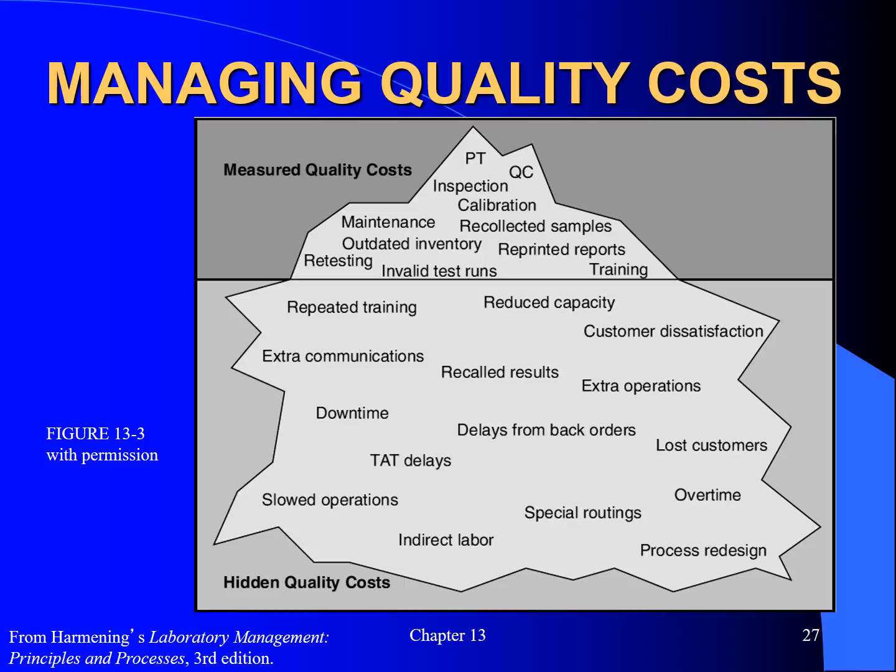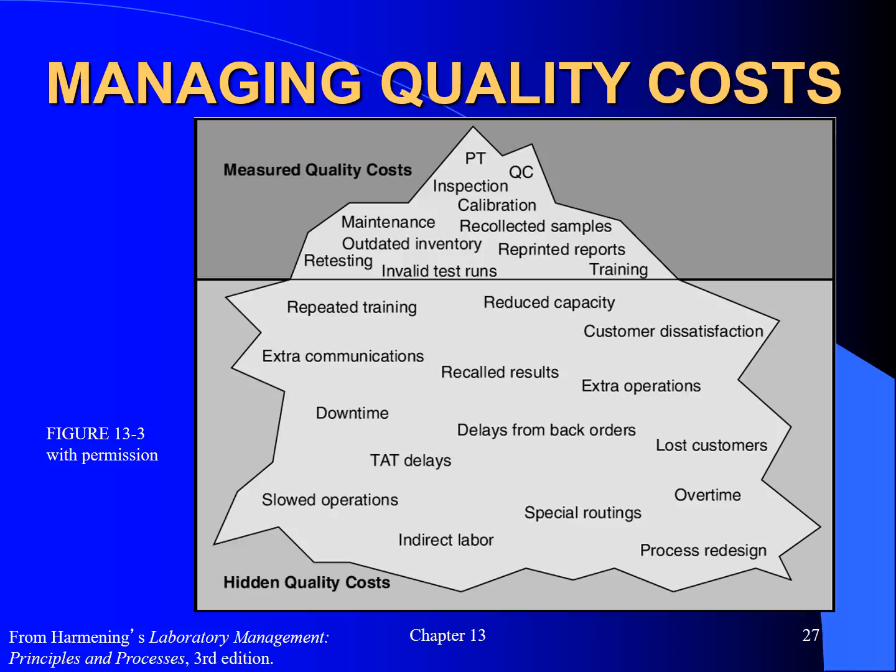Figure 13-3, the iceberg of measured and hidden quality costs. Another significant aspect in looking at laboratory quality costs is that many are not obvious. These are called hidden quality costs and often represent the amounts of easily measured laboratory costs.